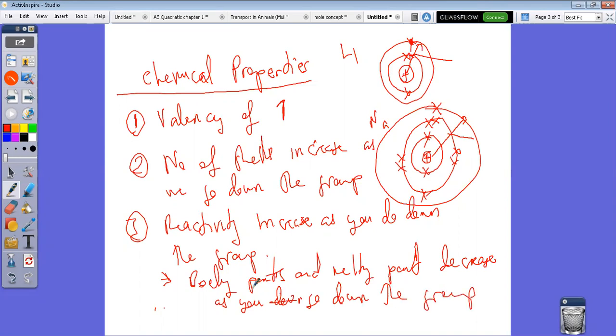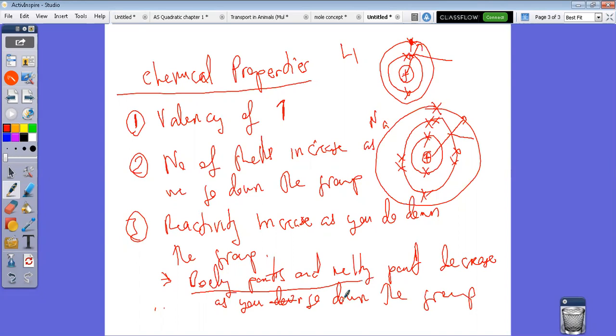By the way, just a caution: boiling and melting points are not chemical properties, they are physical properties, clear? I was just mentioning it because I said something that we didn't talk about.